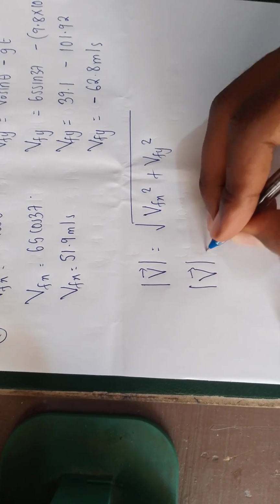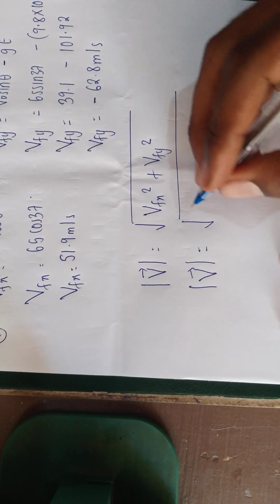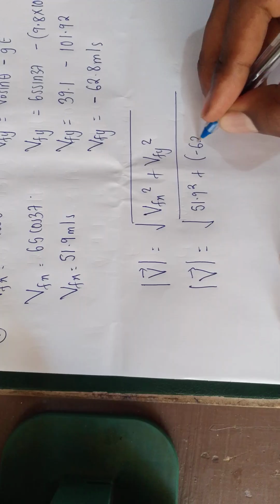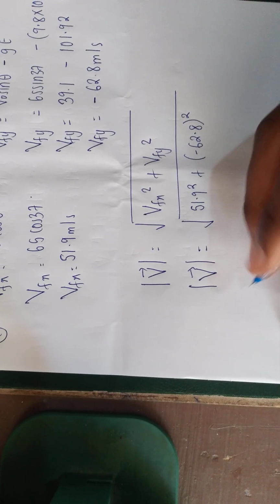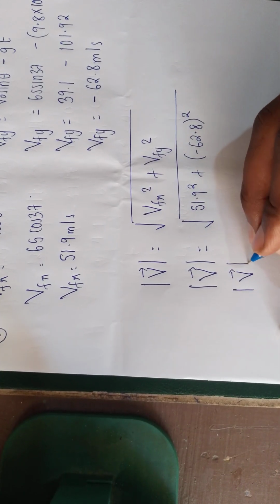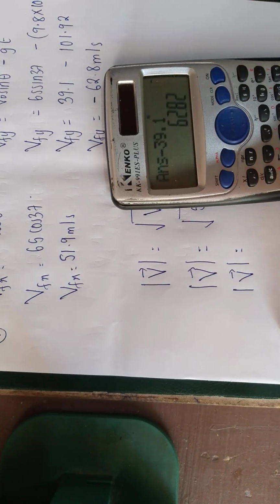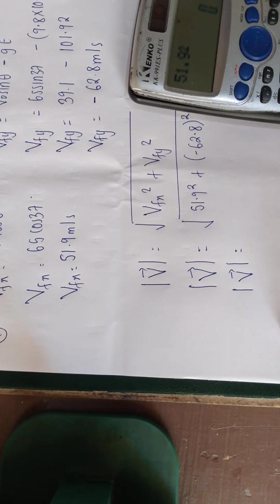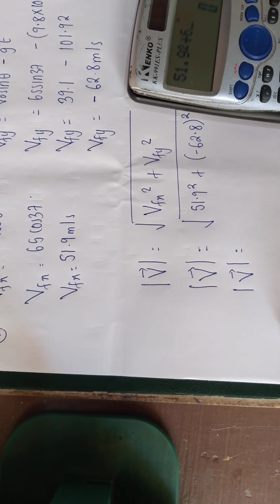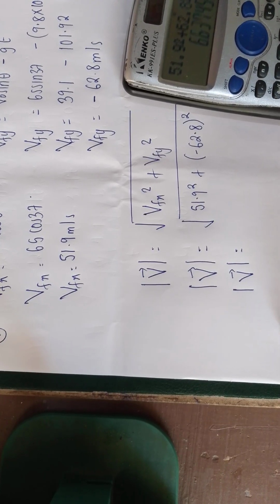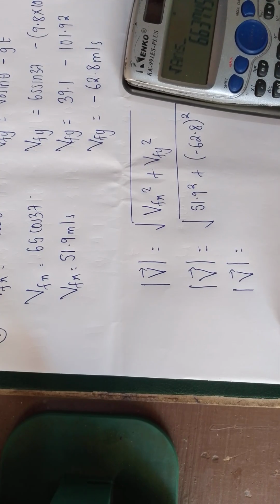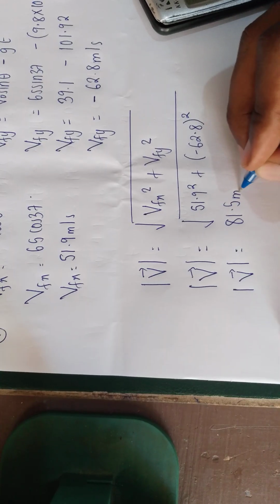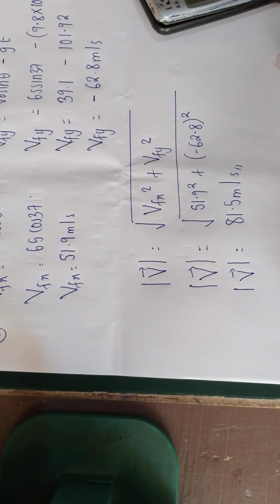So the magnitude will be given by the square root of 51.9 squared plus negative 62.8 squared. The square root of that, we are going to get 81.5 meters per second.